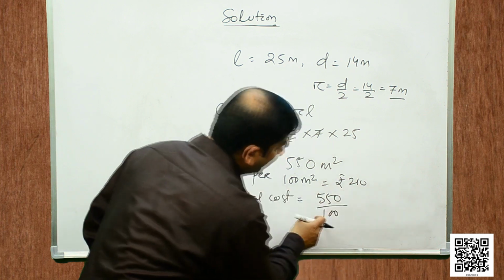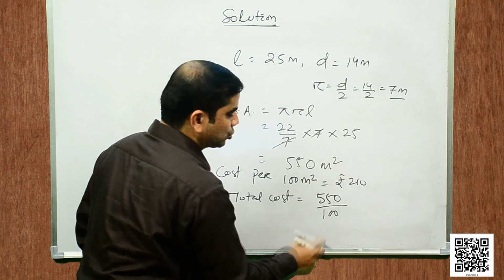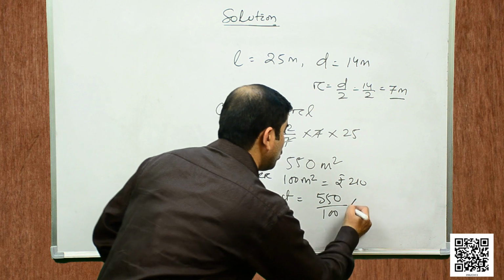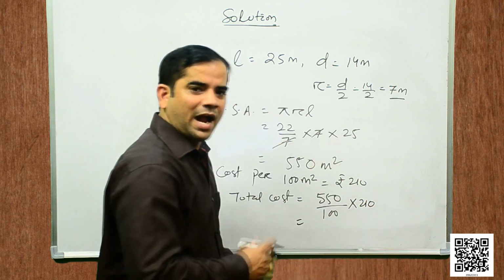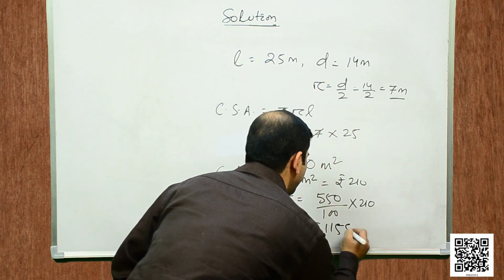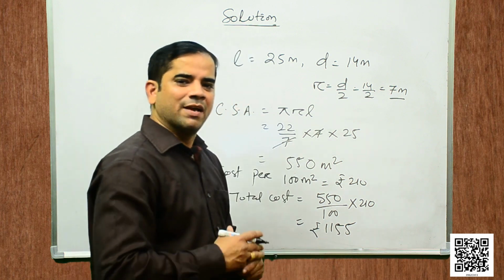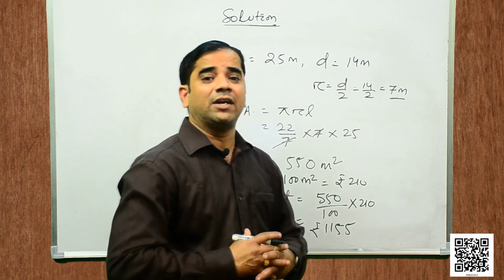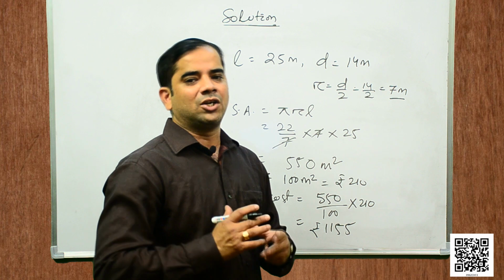Why? Per 100 square meter it is rupees 210. So we need to find out the total cost into 210. Okay, and it is rupees 1155. So it will cost rupees 1155 while whitewashing such a conical tomb.